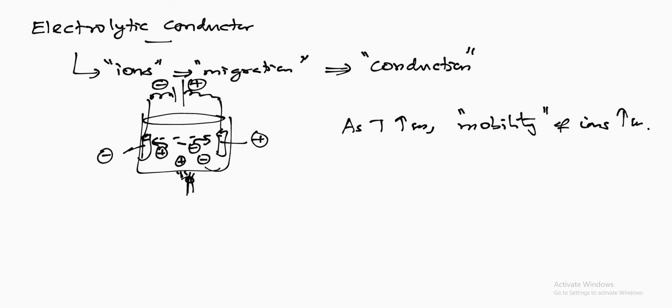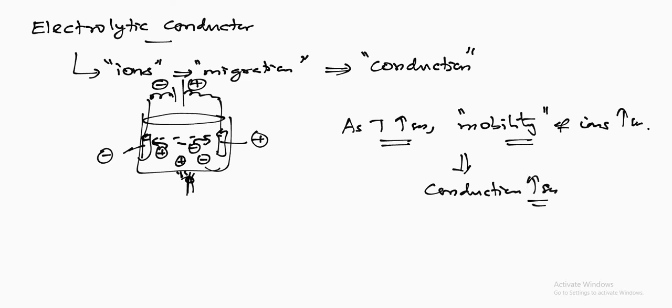We are going to discuss all these things as we go along, but let me introduce this point now. As the temperature increases, mobility, which is nothing but speed, of ion increases, so ion starts to move faster. Therefore, in the case of electrolytic conductors, as temperature increases, conduction increases.